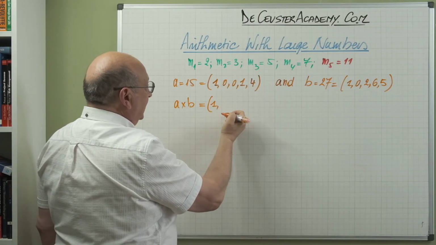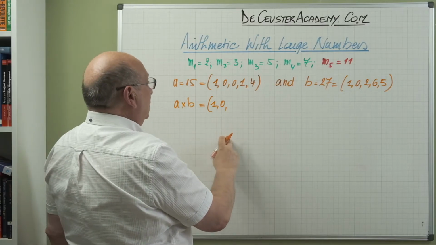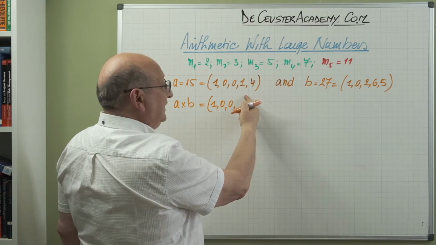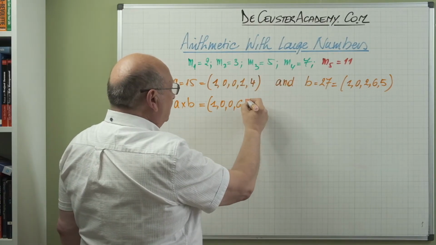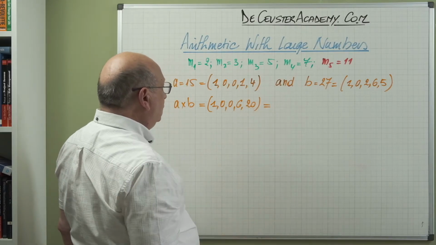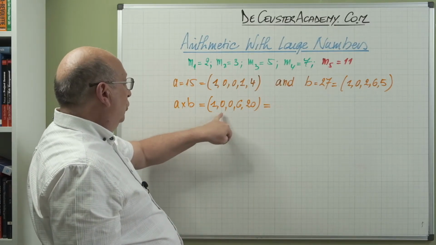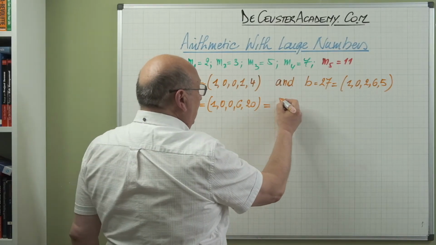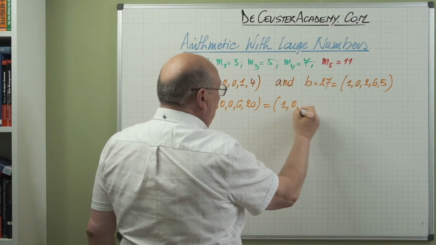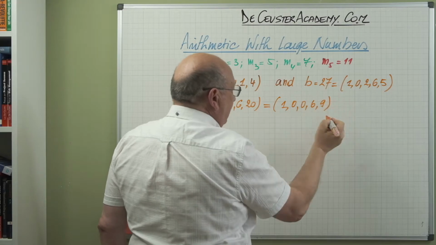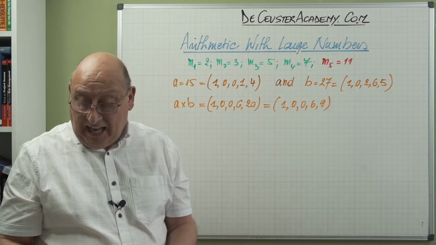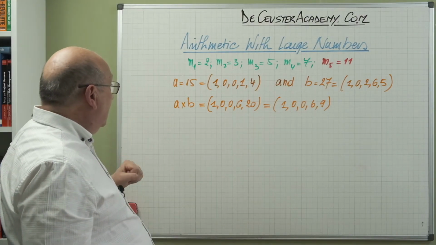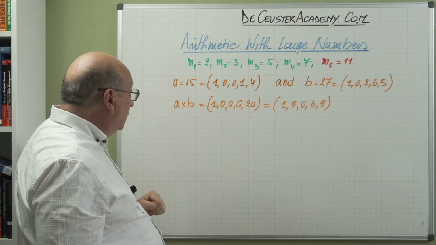We have 1 times 1 is 1, 0 times 0 is 0, 0 times 2 is 0, 1 times 6 is 6, and 4 times 5 is 20. So we reduce this again modulus 2, 3, 5, 7, and 11. So I have to write this as 1, 0, 0, 6, and 9. And based on this, I can write the new equations for this multiplication.